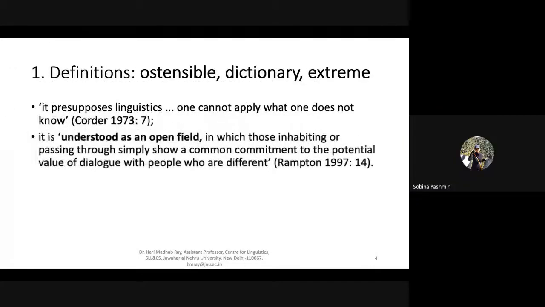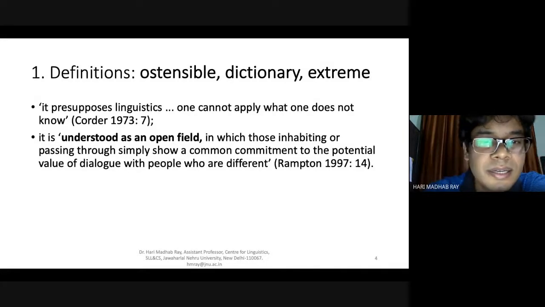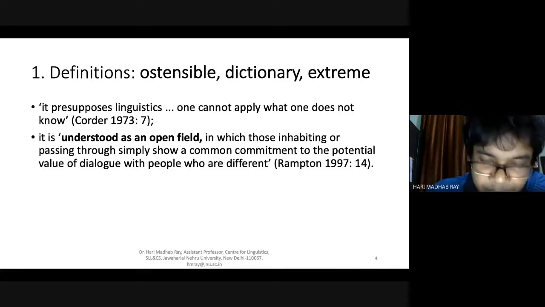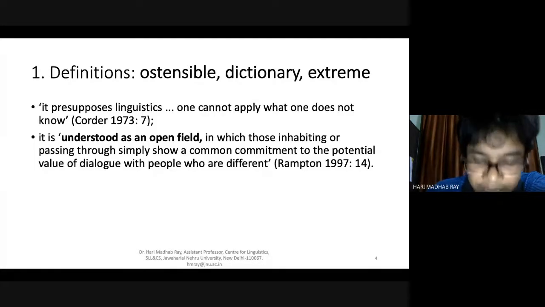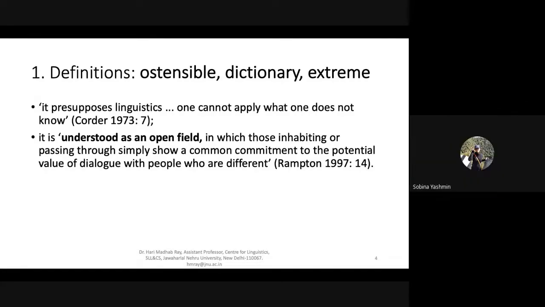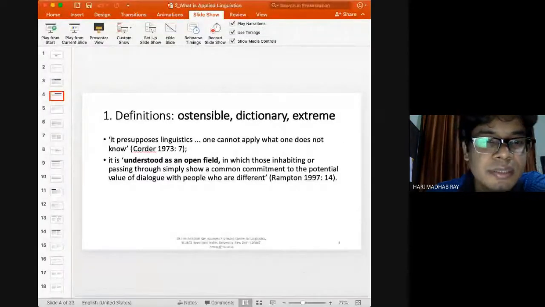Excuse me, sir, some people are about to join. Will you please let them in? They're trying to join. That's the problem: if you start your PowerPoint presentation, then I have to go back.